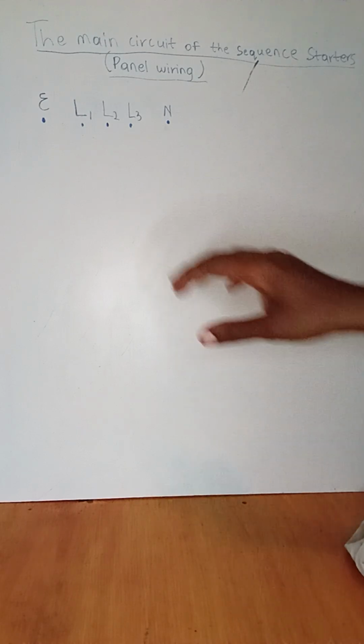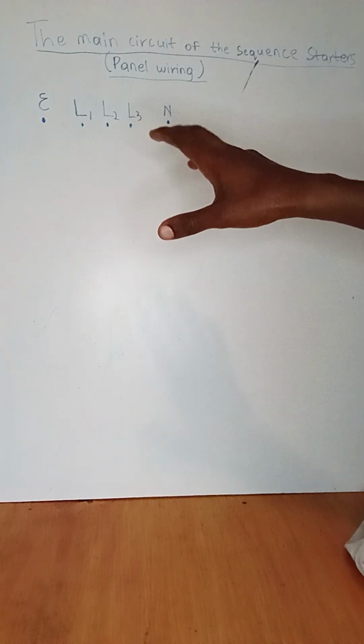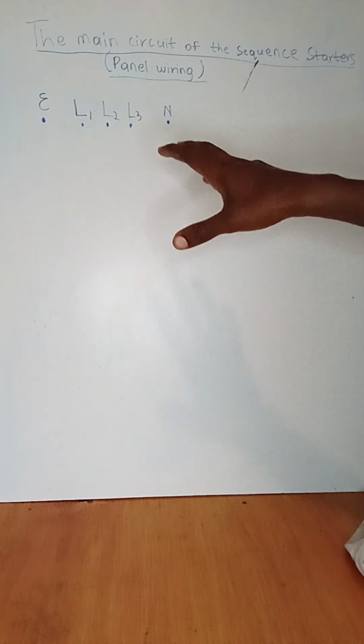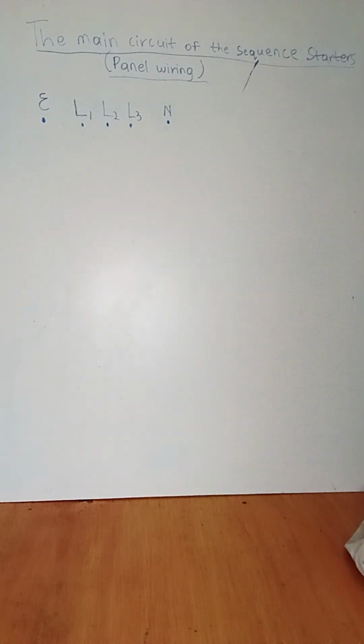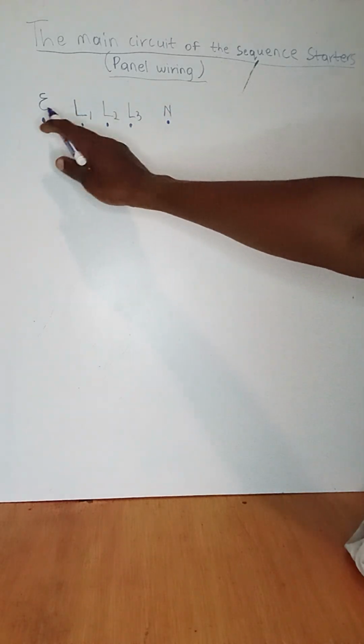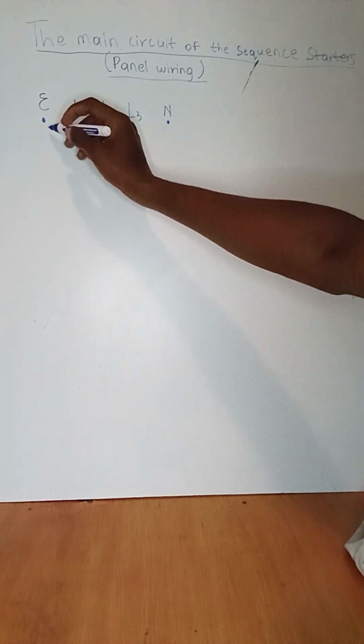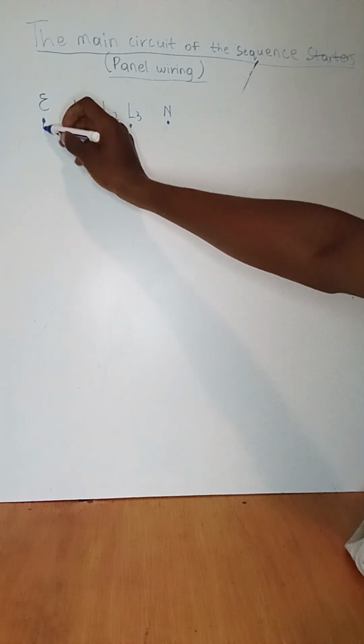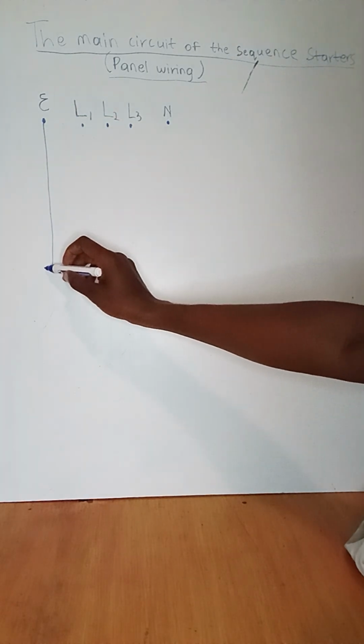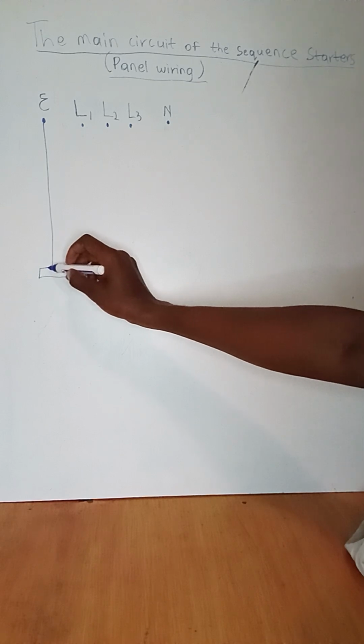So since we have the three-phase supply voltage, the first wire that will be connected will start with S. S will go straight to the S bar.